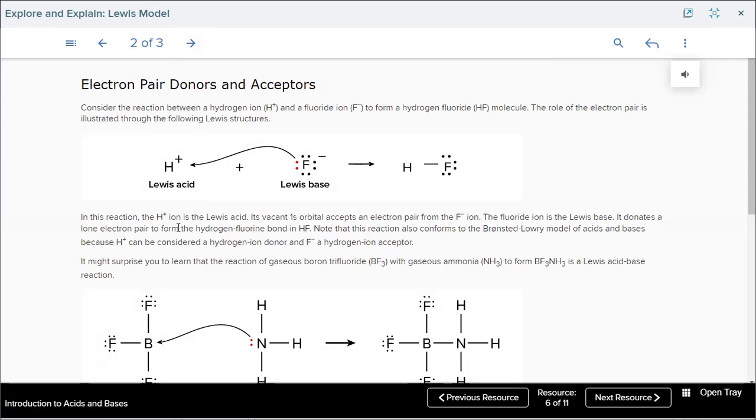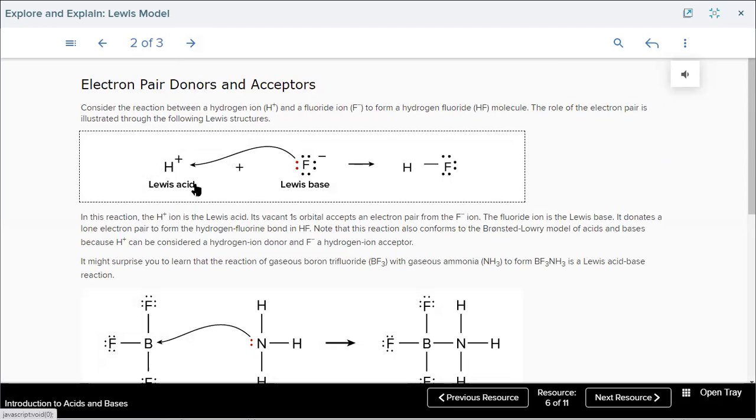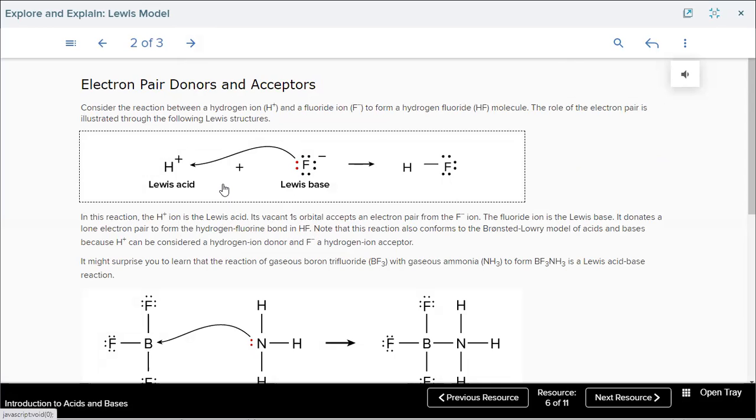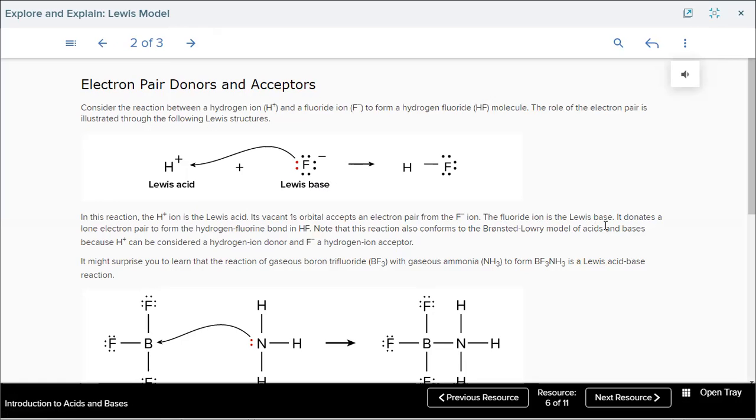The H+ ion is called a Lewis acid because its vacant 1s orbital accepts one electron. Fluoride ion is the Lewis base. It donates its electron pair to form hydrogen fluoride.